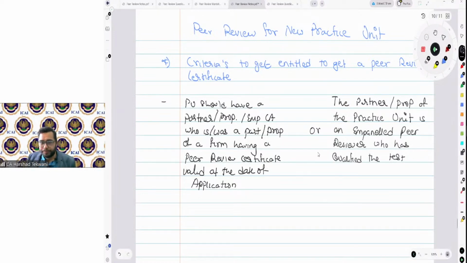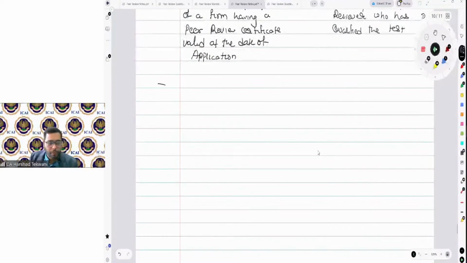Condition number two. Policies, procedure, infrastructure of the practice unit should be in conformity with the standards on quality control, that is SQC1.